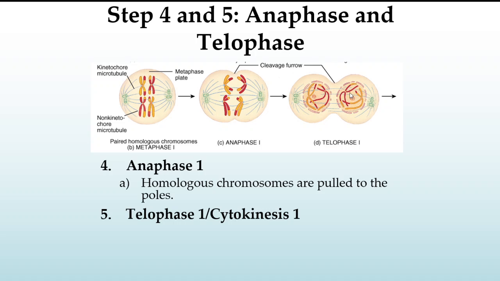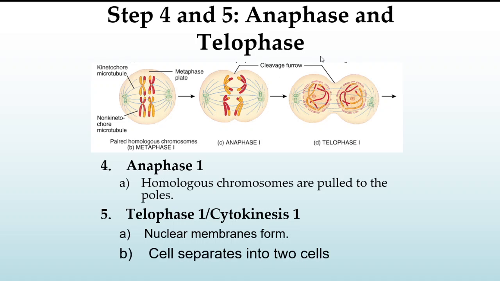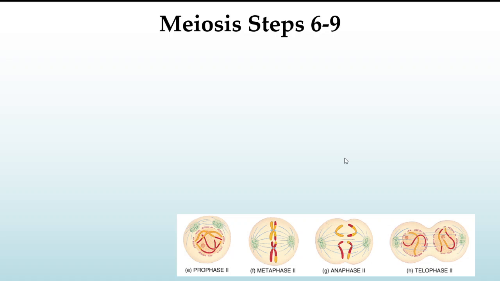They start creating the nucleus again around it. Here you see. And then cytokinesis is where it starts to cut down the middle, okay? Cytokinesis means to separate. So that's when they actually completely separate into 2 cells, okay?